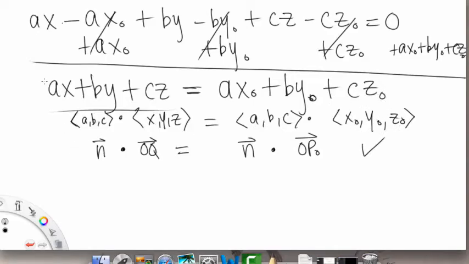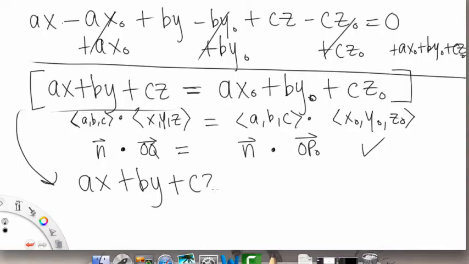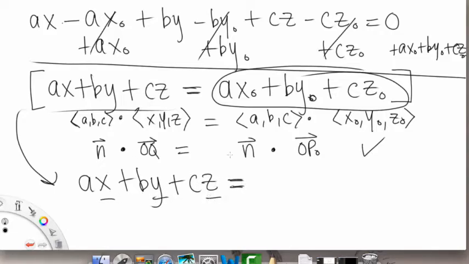And going from this line here that I'm putting brackets around, this could also turn into ax plus by plus cz, so the left stays the same, and this whole right side, since these are just constants, they're all numbers, right? x, y, and z are variables, but x naught, y naught, z naught belong to the point P naught, which we defined in the beginning. We know that's on the plane, okay?